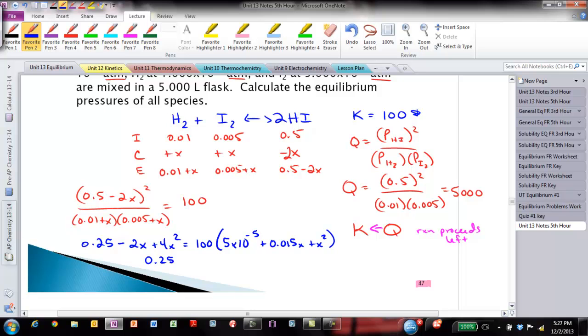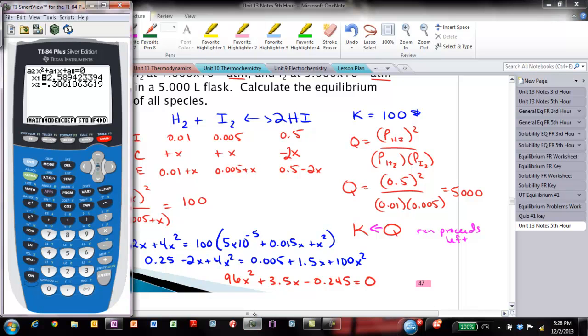So we keep doing the algebra. Okay, and then I'm going to move all my values to the same side, so I'm going to move them to the right, and so I'm going to have 96x squared plus 3.5x minus 0.245 equal to 0.